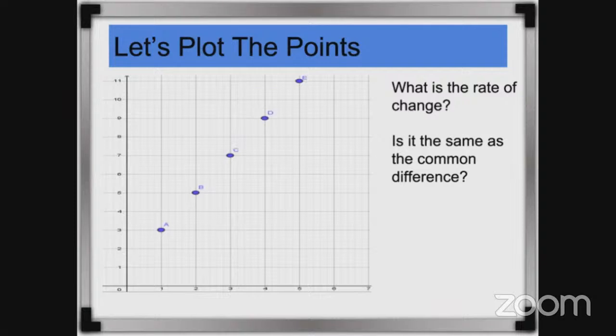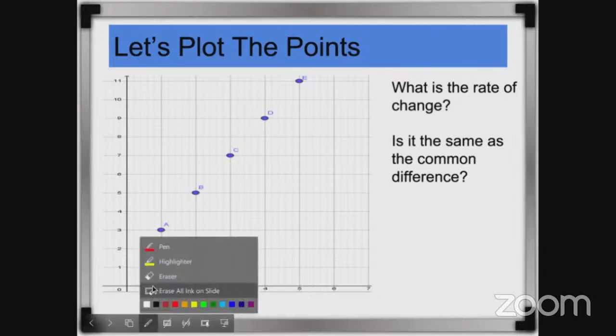Is it the same as the common difference? If you were to look at the gradient as this line progresses, you'd see that the difference is the same. All right? So let's look, I don't even want to touch anything, but let's see if I can get this pen in.